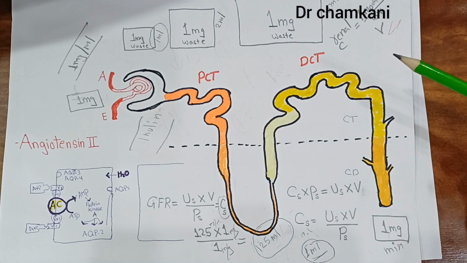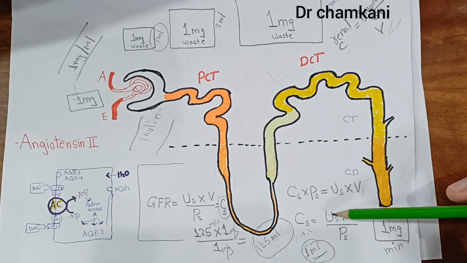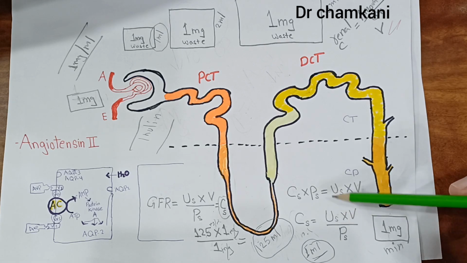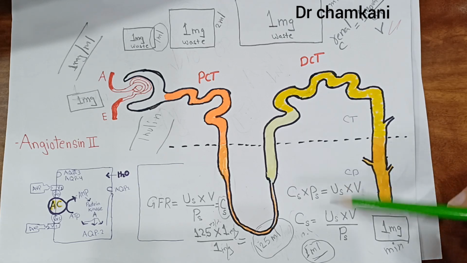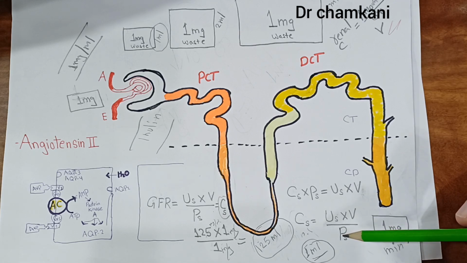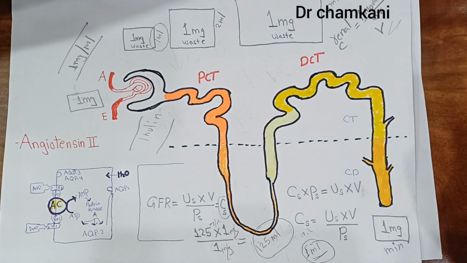To calculate the clearance of any substance, we need the following data. We need the concentration of that substance in the urine, the volume of urine formed in a specific amount of time, for example 1 minute, and the concentration of that substance in the plasma. If we have these three values, we can calculate the clearance of any substance present in the plasma.